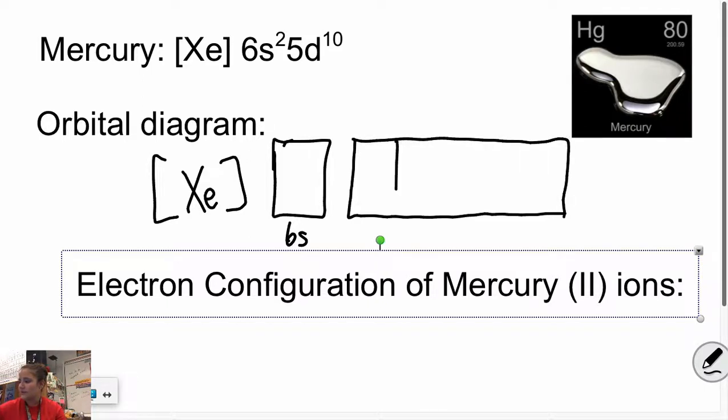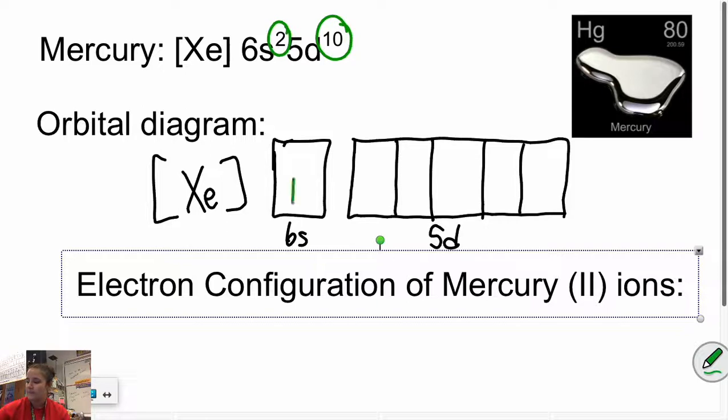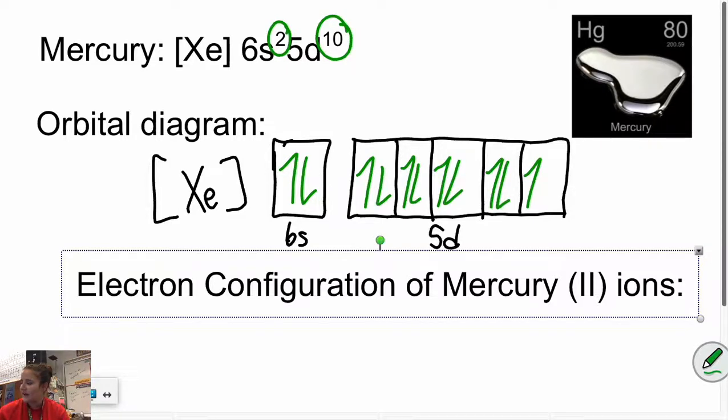So it has 1, 2, 3, 4, 5. That will be my 5d block. And in mercury, all of these are completely filled, 2 and 10. So 1, 2, 1, 2, 3, 4, 5, 6, 7, 8, 9, 10. Okay? That's what an orbital diagram would look like.